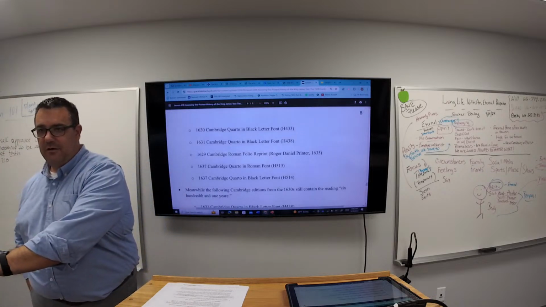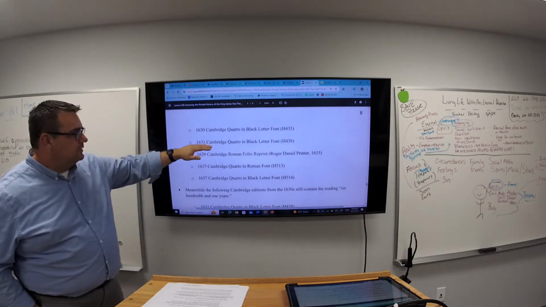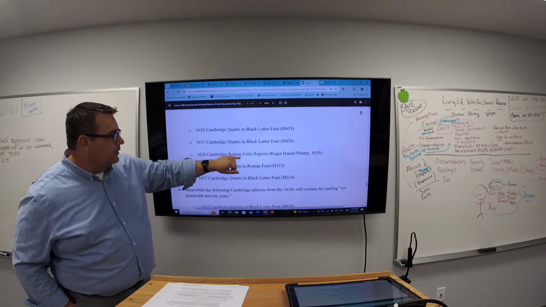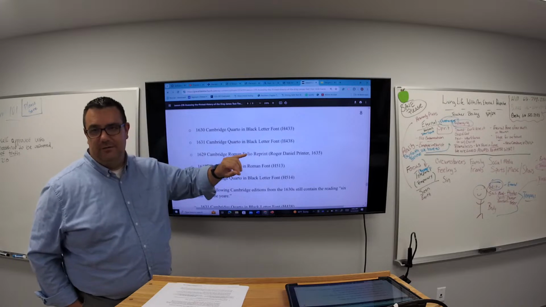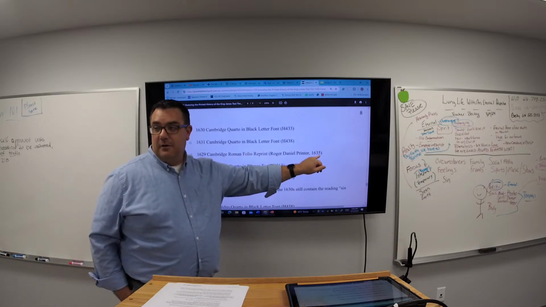"601st year," is in the 1630 quarto, the 1631 quarto. It's in the 1629 Cambridge Folio reprint that we talked about last year that was done in 1635.